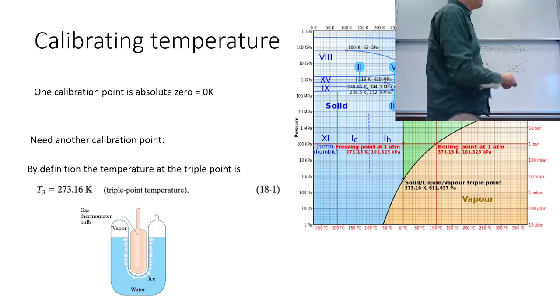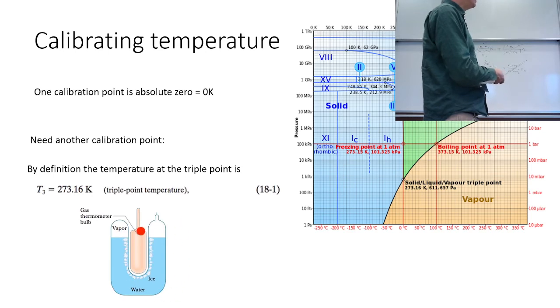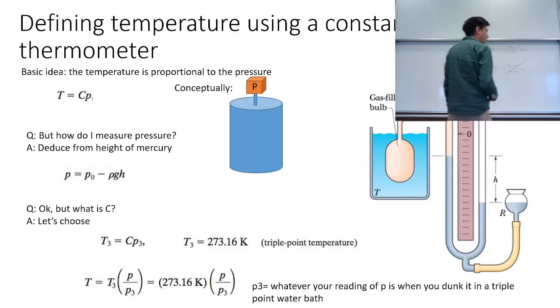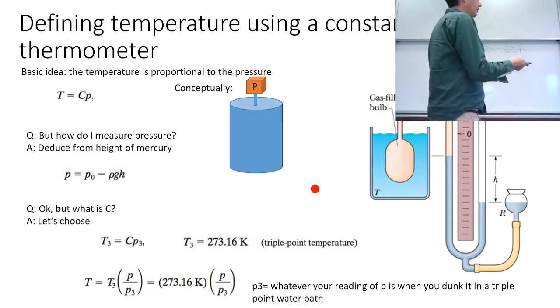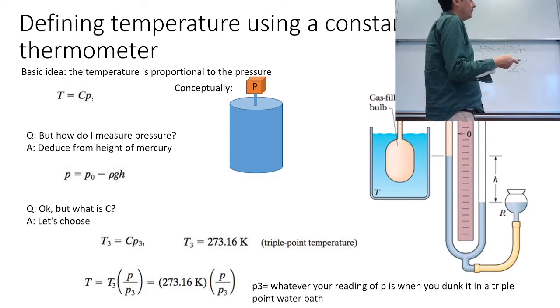When you're trying to calibrate it, what you might do is instead surround it by this glass container which is at the triple point. But more generally, if you're trying to measure the temperature of something, you dunk it in this bath, and it's got some kind of gas in it. And here's some mercury. This side is open, and this side is completely closed.